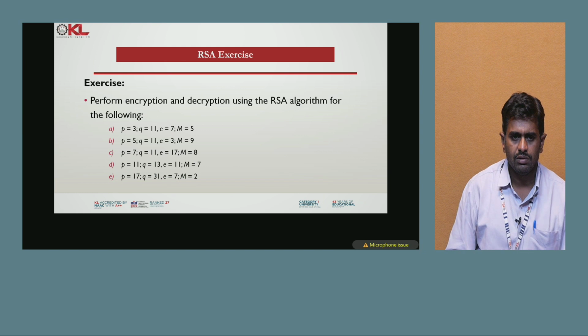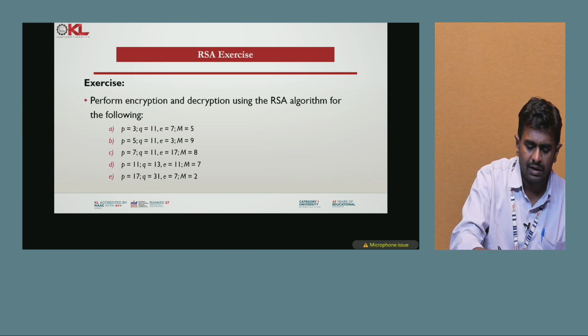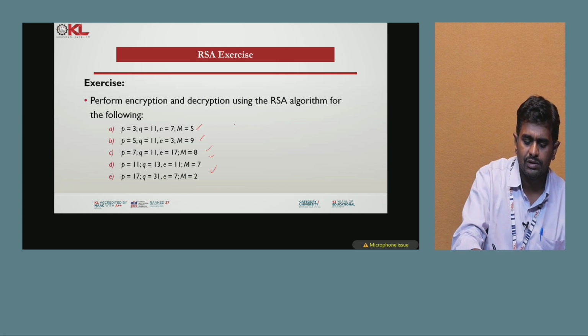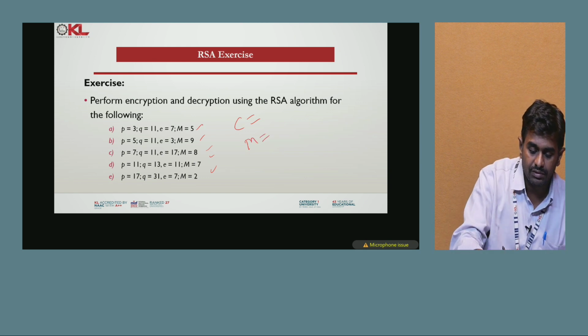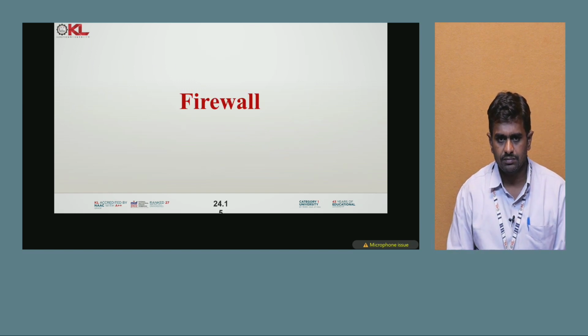I will mention different exercise problems here, where I change the p value, q value, and m value. Based on this we need to find the ciphertext, encryption text and decryption text, that is the original m. So you can practice these 5 exercise problems.